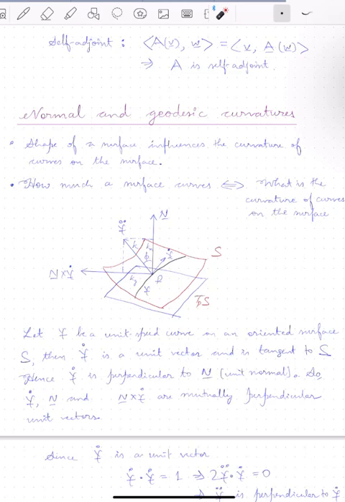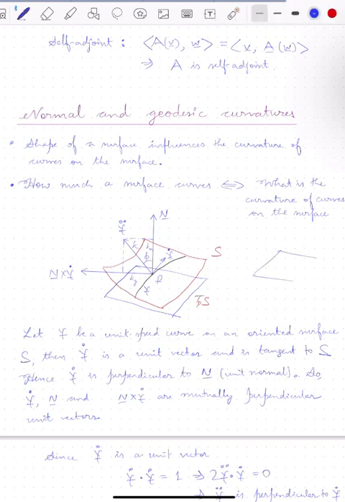Because in that sense, all the planes will be perpendicular, like the plane pi will be perpendicular to every point along the curve, and schematically that's how it would be.